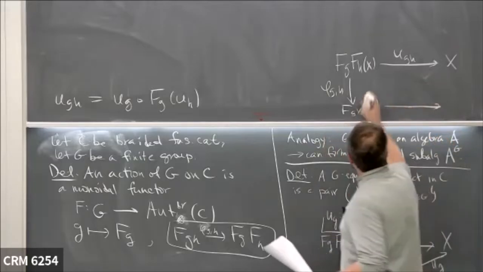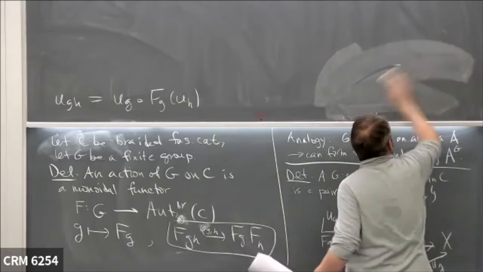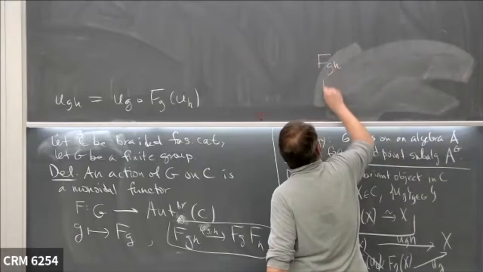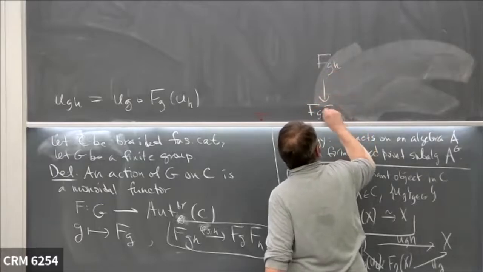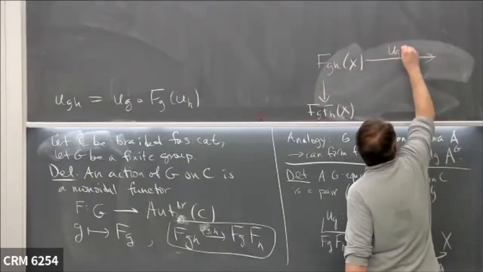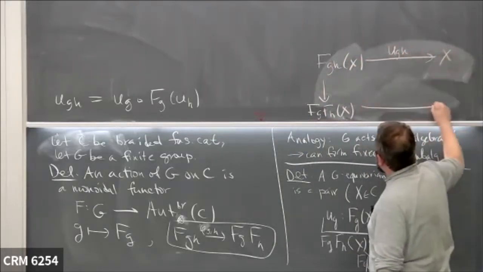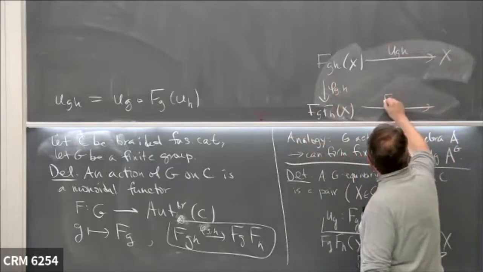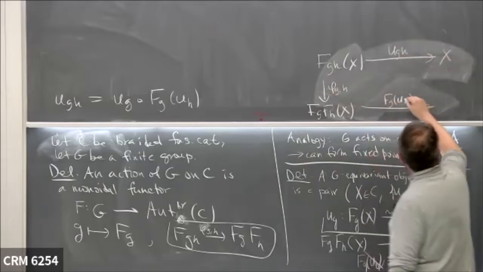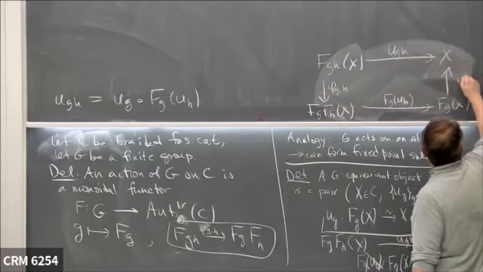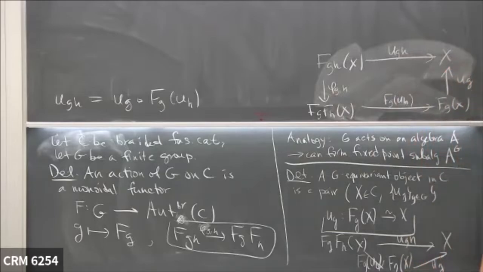That's what happens when I try to skip things, but let's do it right. So F_g F_h X, then u_gh to X. This is phi_gh. This is F_g of u_h, so this is F_g X, and this is u_g. With the third attempt, we succeeded together.